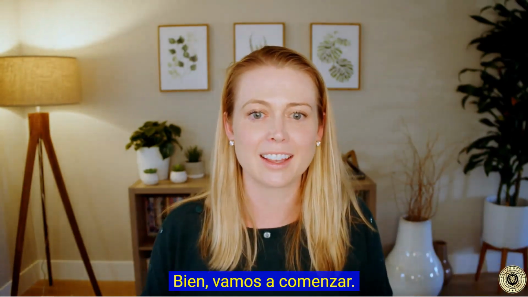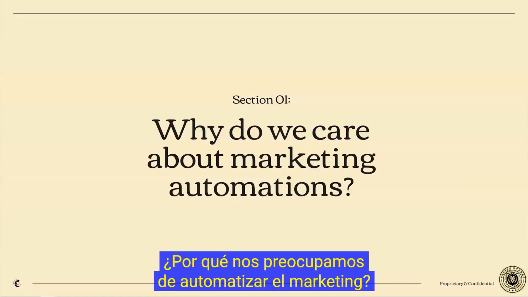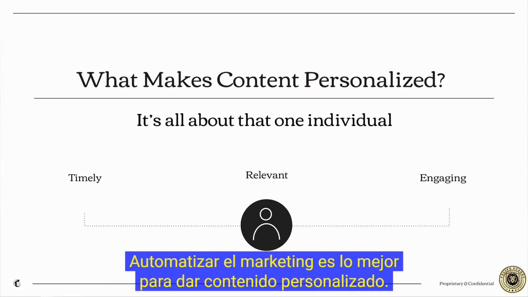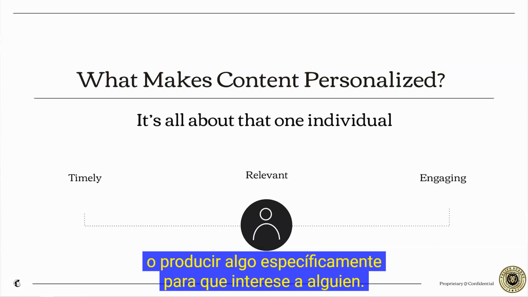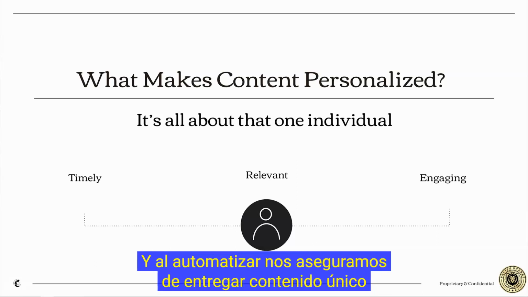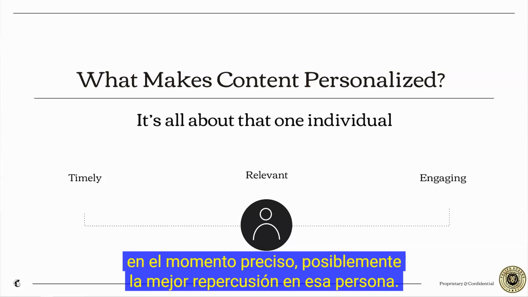Okay, let's dig in. Why do we care about marketing automations? Marketing automations is the best way to deliver personalized content. Personalization is the act of designing or producing something specifically to meet someone's individual requirements. And automation is how you make sure that that unique content is actually delivered at the precise moment it's likely to best resonate with that person.